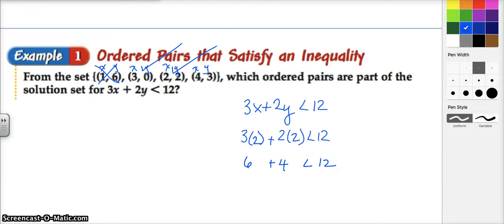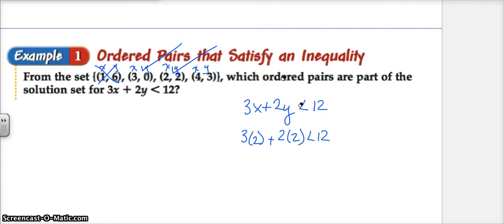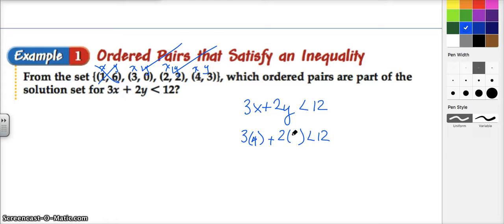This is also a pair that works. And then finally, 4, 3: plugging in 4 and 3, I get 12 plus 6, which is 18, not less than 12. So this one doesn't work.